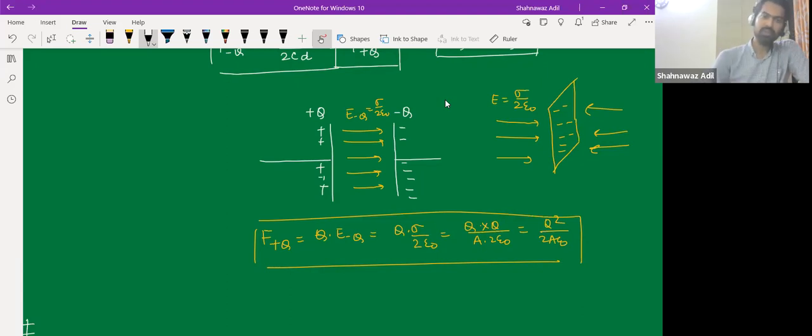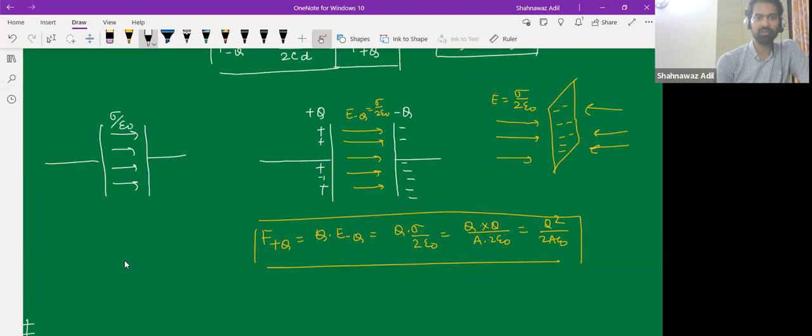Always remember that the total electric field inside the parallel plate is sigma by epsilon naught, due to the positive one and the negative one, and outside it is 0. When we combine the two, on both sides it is 0.